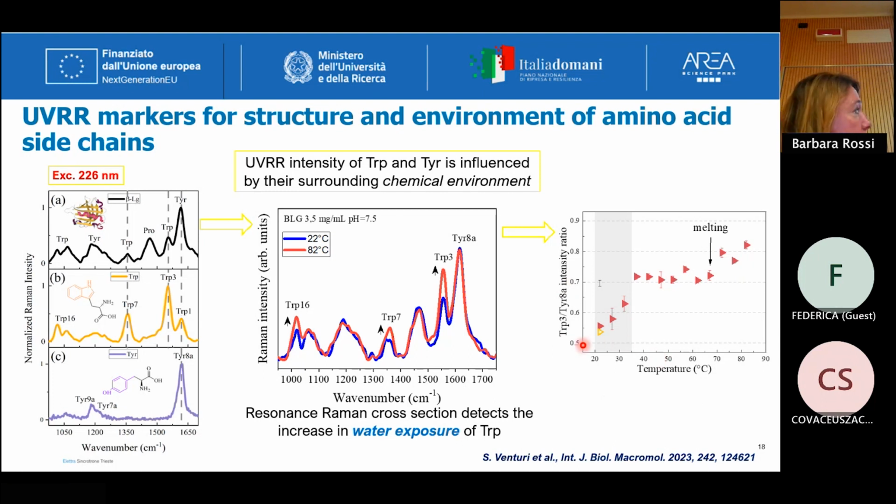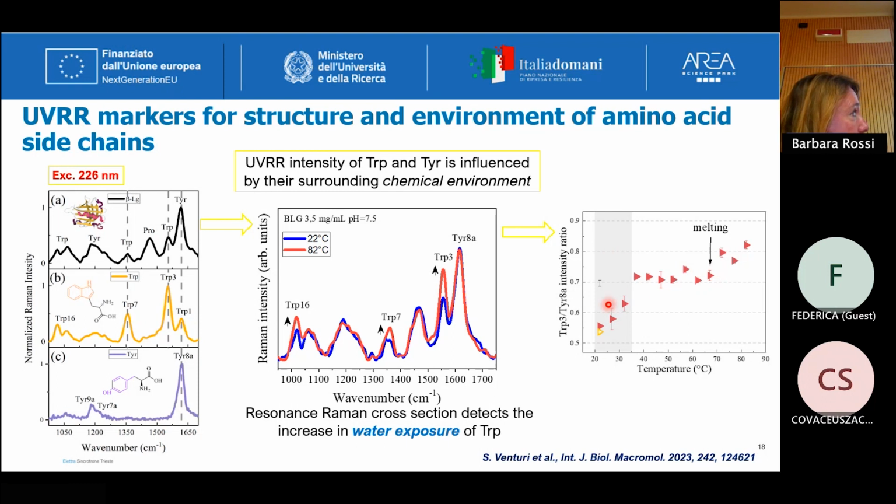This is the case of this graph where we follow the intensity of the tryptophan band as a function of temperature. And this graph marks the increment of the exposure of the tryptophan, so the more hydrophobic part of the protein, related to the unfolding of the protein. In particular, here we can detect this increment of the curve, the occurrence of the melting transition of the protein.